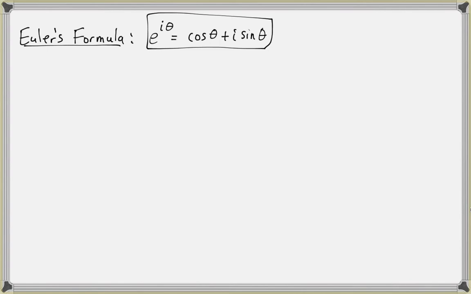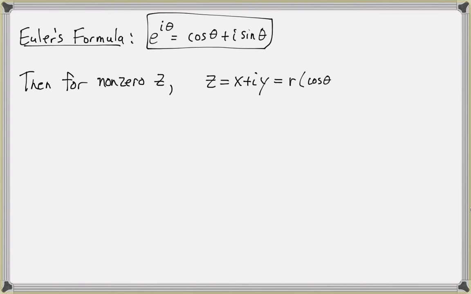So now using Euler's formula, we can represent any non-zero complex number z equals x plus iy. We wrote it in polar form as r times the quantity cosine of theta plus i sine of theta. And we see now we can represent this as r times e to the i theta.